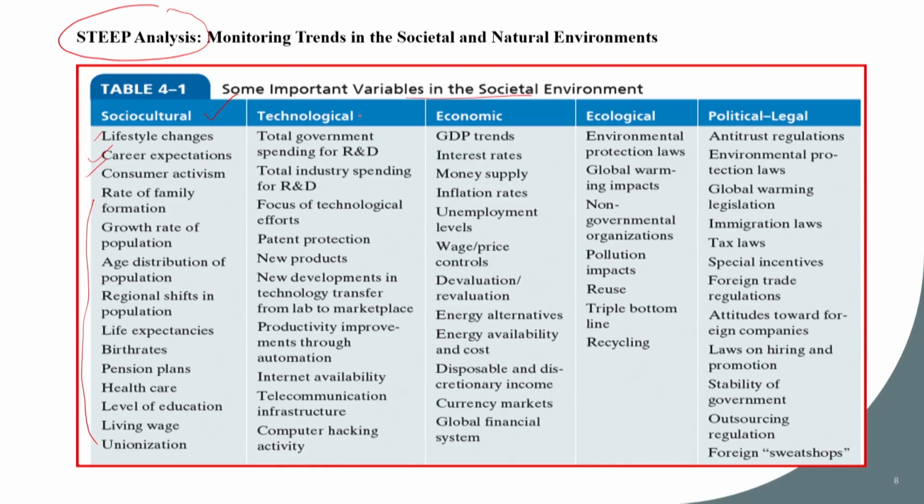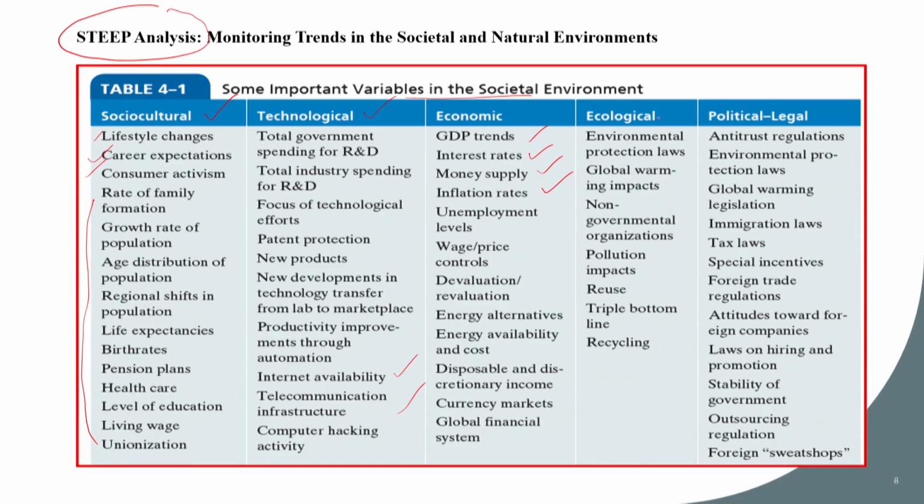And then we have technological aspects. You can see the R&D investment and other aspects, including internet availability, telecommunication infrastructure. And then we have economic aspects, mainly the GDP trends and other key economic variables, which I already mentioned in the previous sessions: interest rate, money supply, inflation, these kinds of key variables.